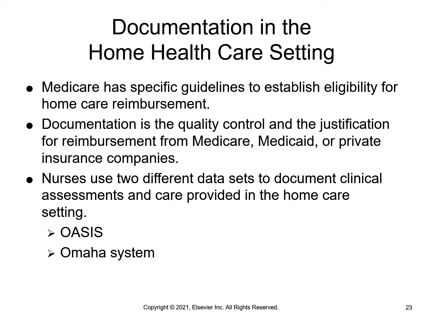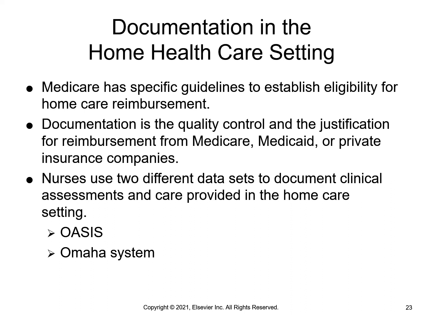Medicare has specific guidelines to establish eligibility for home care reimbursement. Information used for reimbursement is gathered from documentation of care provided within the home care setting. The documentation is the quality control and the justification for reimbursement from Medicare, Medicaid, or private insurance companies.